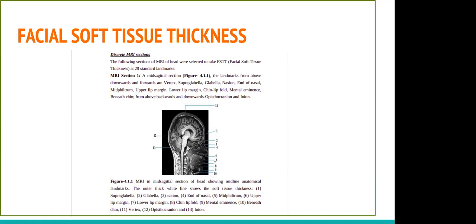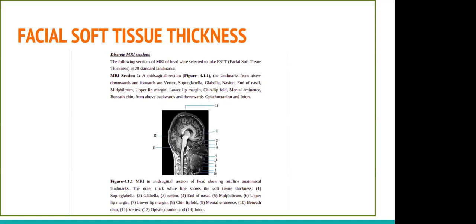In MRI, there are multiple planes that you can analyze, and it is three-dimensional. So you can consider all sorts of landmarks, and it's more convenient and more diverse in terms of the number of landmarks that you can analyze using this method.